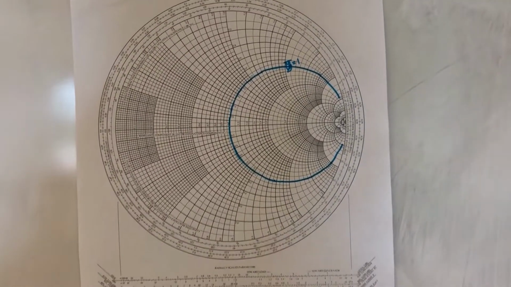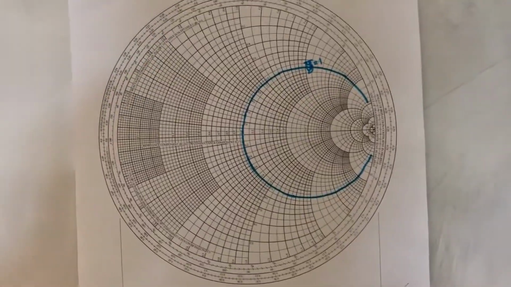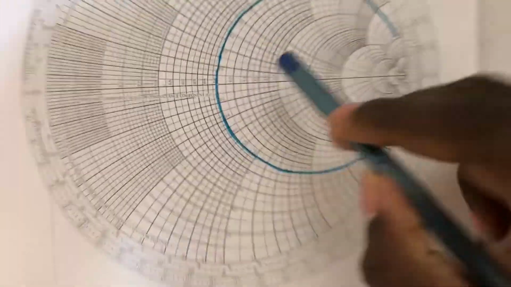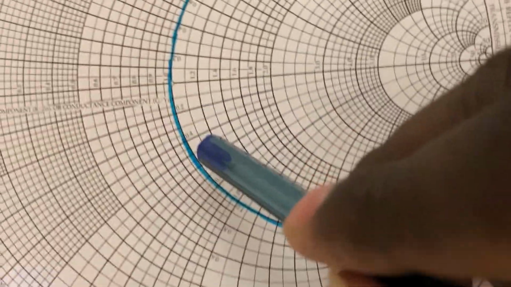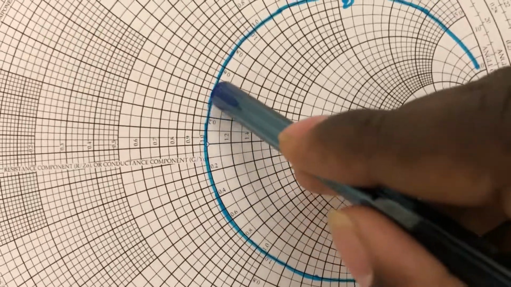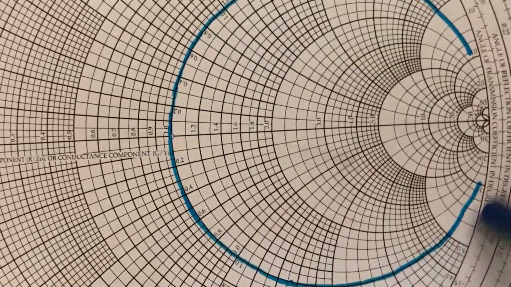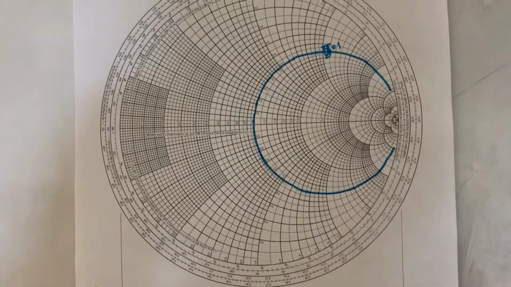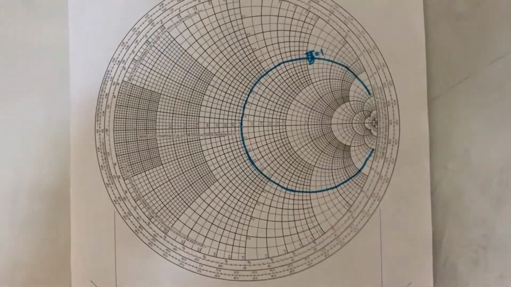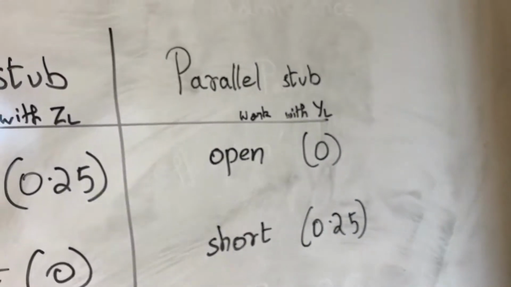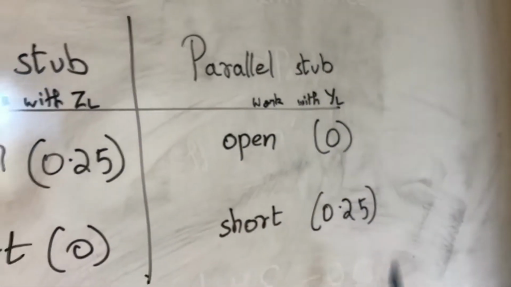Now for stub matching, it's always easier if we thicken the z is equal to 1 or y is equal to 1 circle. As we can see, this circle you have to darken. Now if you have finished darkening, for parallel stub, open is at 0, short is at 0.25.